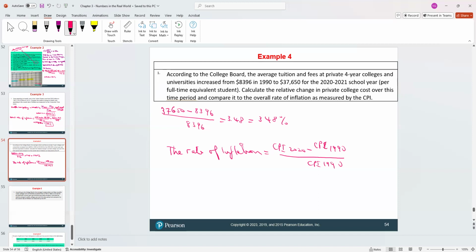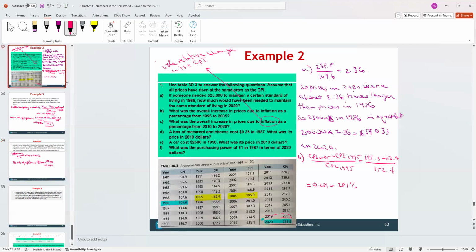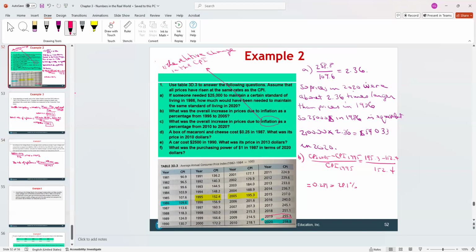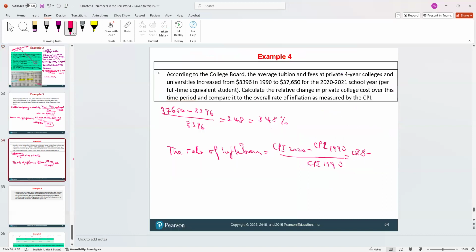So what happens here, we need to go back to the tables and identify the CPI of 2020. We see that 2020 is 258.8. And you go back again and check for 1990. 1990 was 130.7.